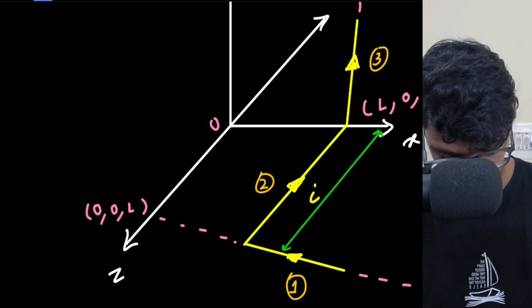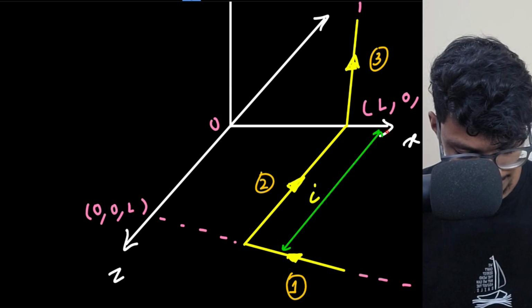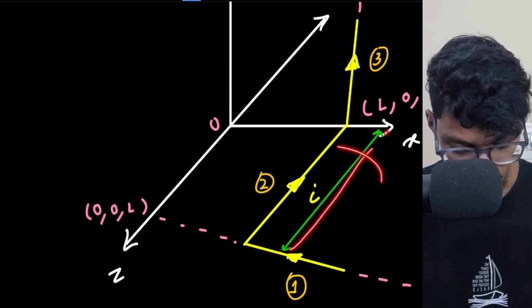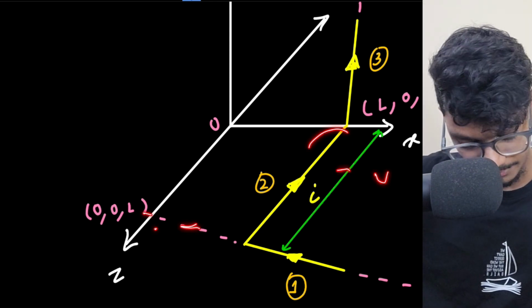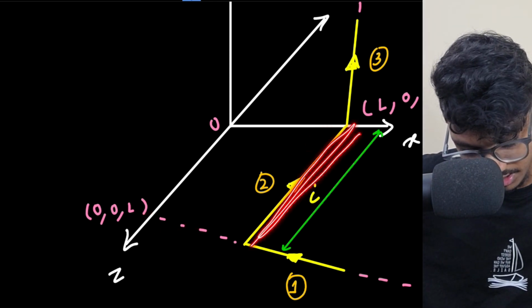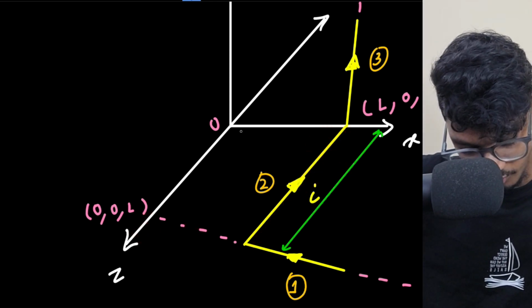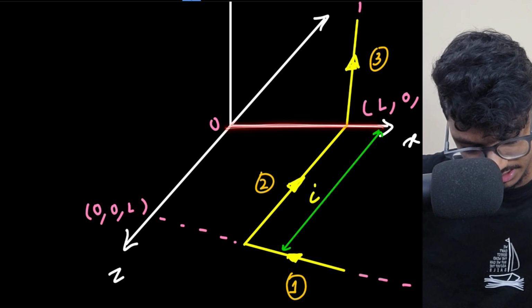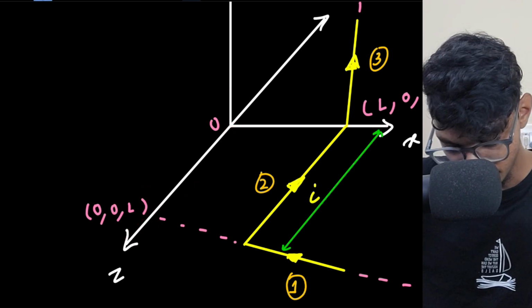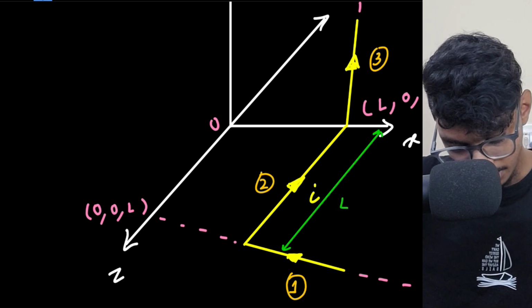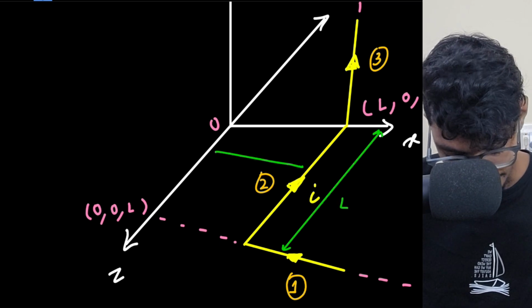If you observe from the x axis how far I am on the z plane, this wire is on the xz plane. So what is this distance? This is how much I have moved from the xy plane, right? Along this axis, how much have I moved? L. So this perpendicular distance will be L.